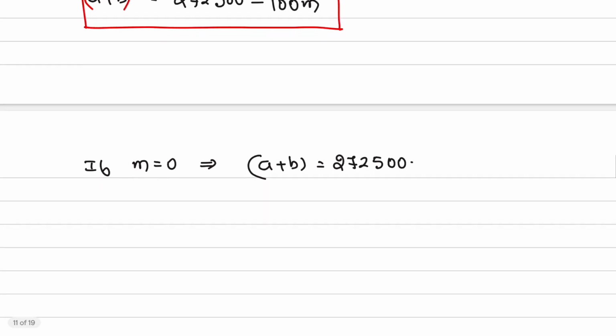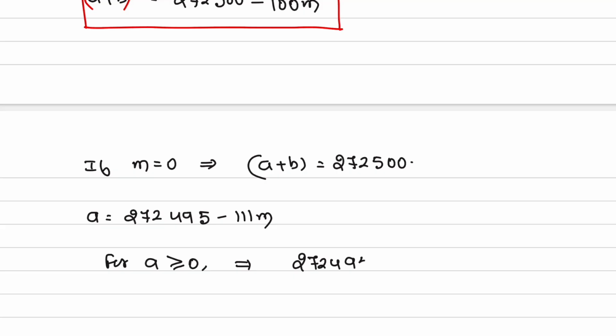For A to be positive, A is equal to 272,495 minus 111m. For A to be greater than 0, an integer value, then 272,495 minus 111m should be greater than or equal to 0.